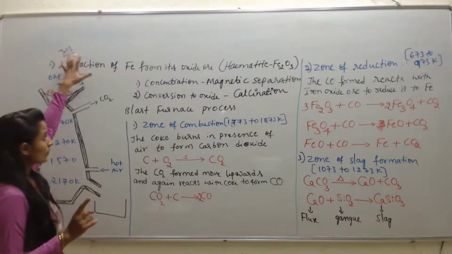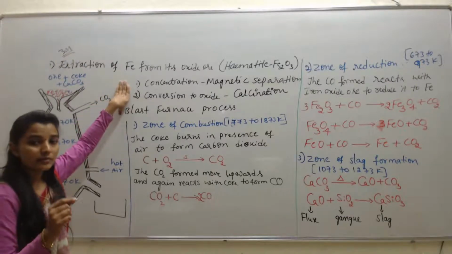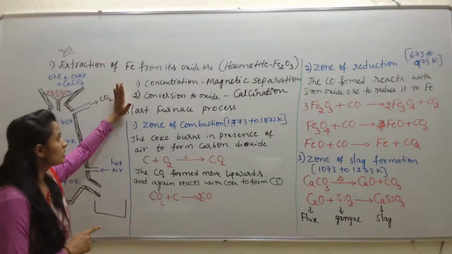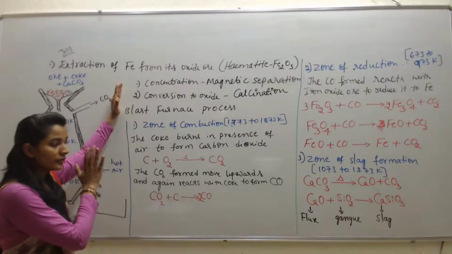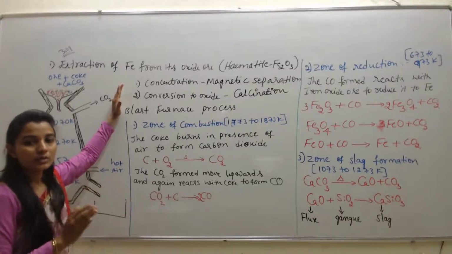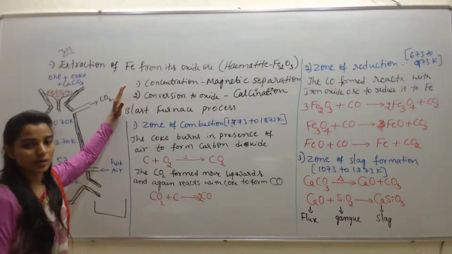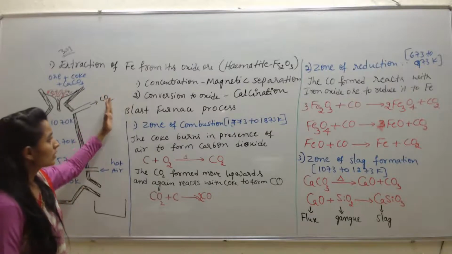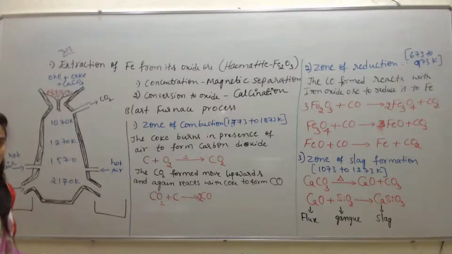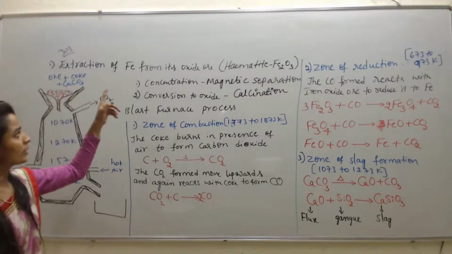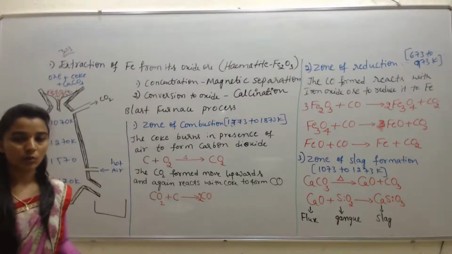I told you the question number 19 is always from this chapter. So this is one of the expected questions for 3 marks in this chapter. Okay, so keep on practicing this, students. This is all about the blast furnace, that is extraction of iron from its oxide ore.